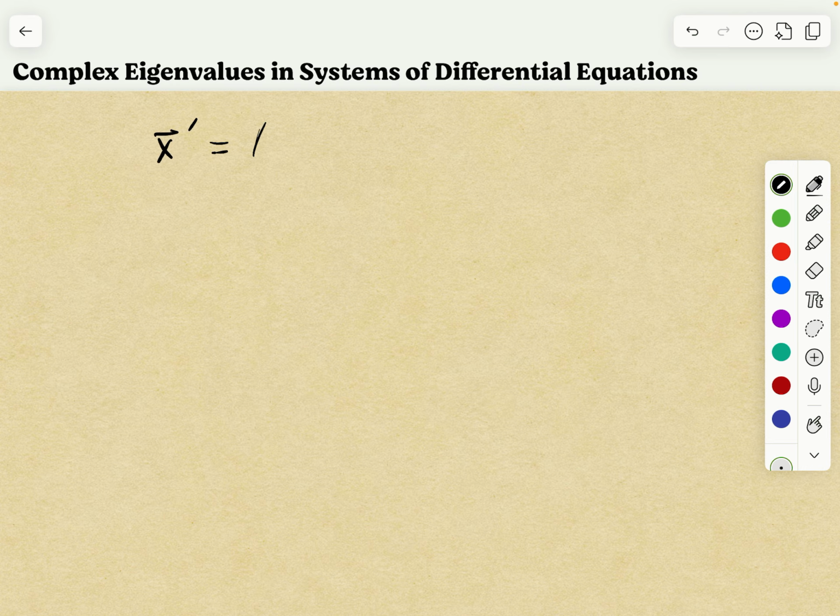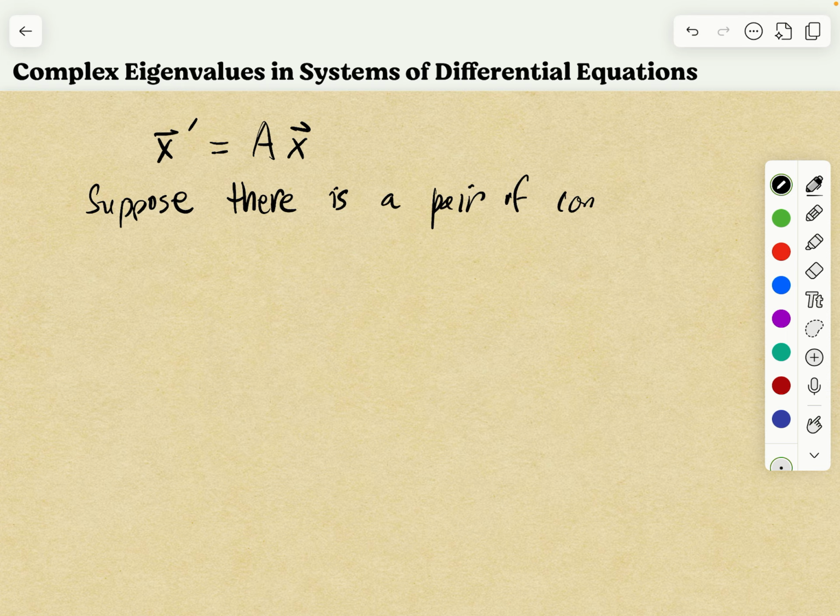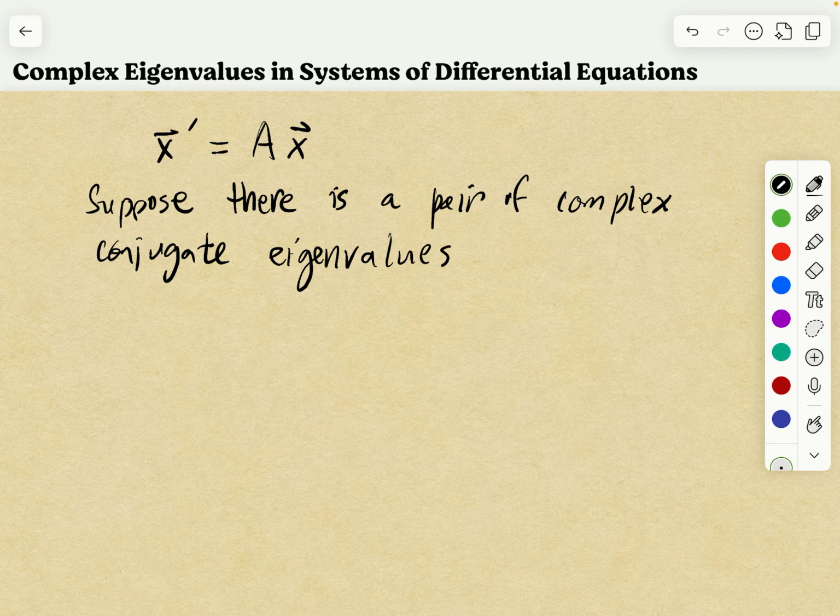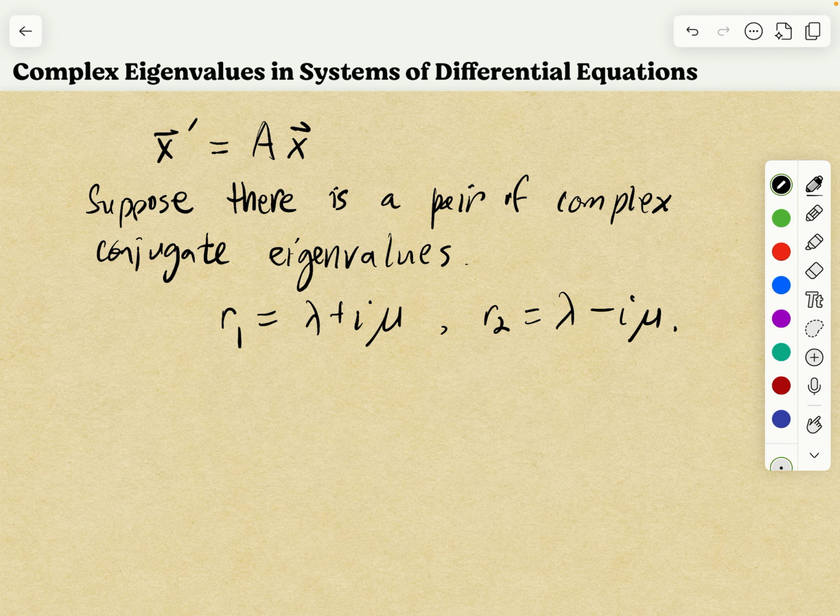So suppose there is a pair of complex conjugate eigenvalues. Say r1, which is lambda plus i mu, and r2, which is lambda minus i mu.